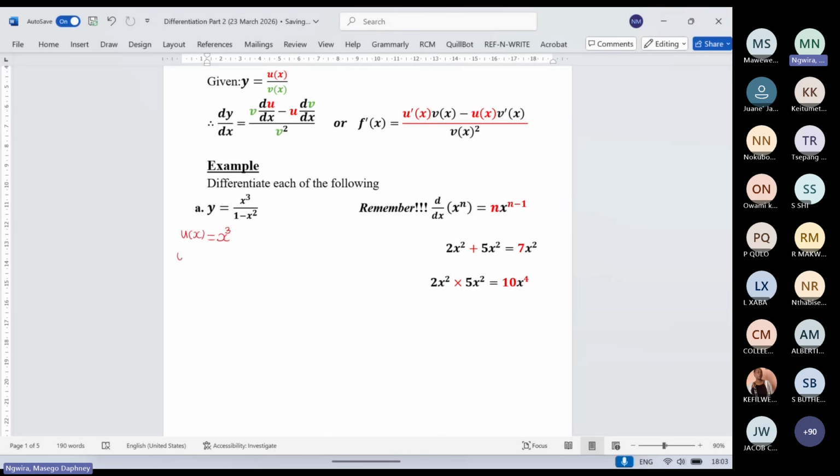The derivative of u is 3 times, because your n is 3. You follow this rule. So it's going to be 3, then x to the power of 3 minus 1, which is 2.